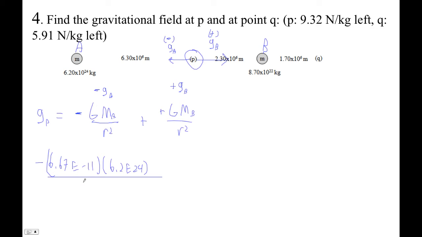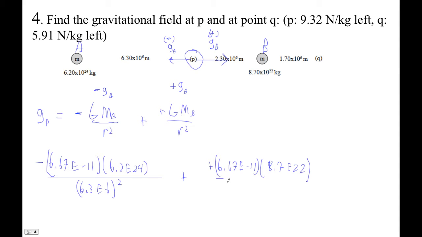And then plus positive 6.67 times 8.7. Oh hey, this guy's closer, but he's much smaller. Yeah, it will be to the left, won't it? Okay, good enough.